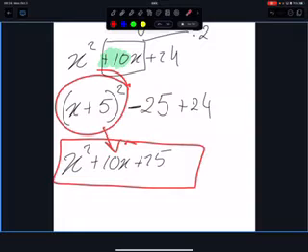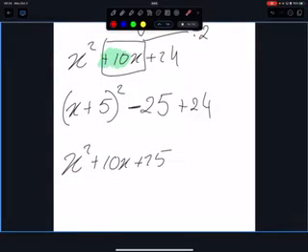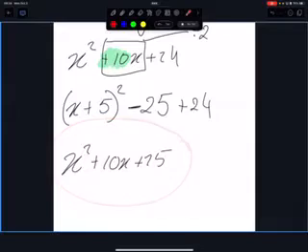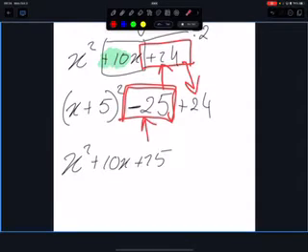x plus 5 squared gives this answer. But I do not want this. I want this answer. So, at the moment, I have this answer, but I do not want the 25. So I subtract that number I do not need, which is 25. And then I continue with my regular formula. I add the 24 back.